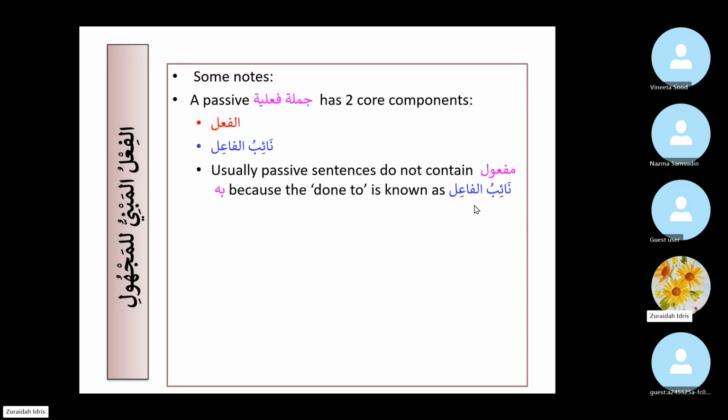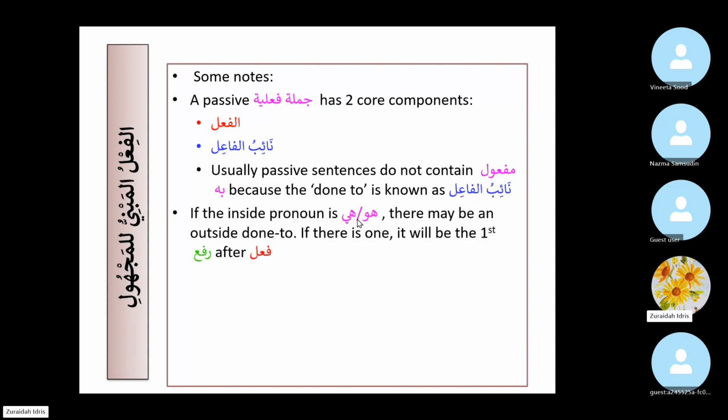So now you know why the jumla fi'iliyah must be transitive. If it is not transitive, then it cannot have a naibul fa'il. When it cannot have a naibul fa'il, then you can't have the sentence because the naibul fa'il is a core component. It must be there. So you got that?